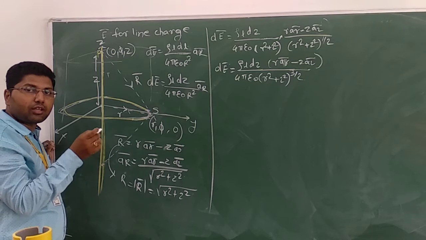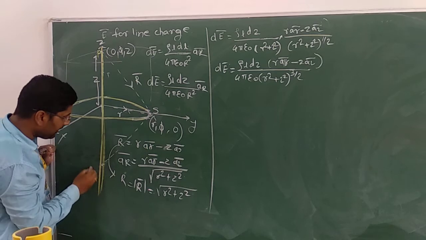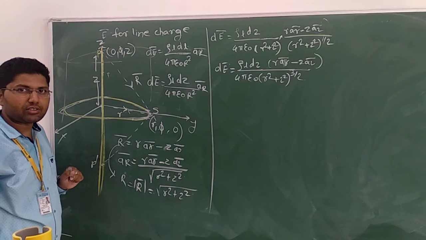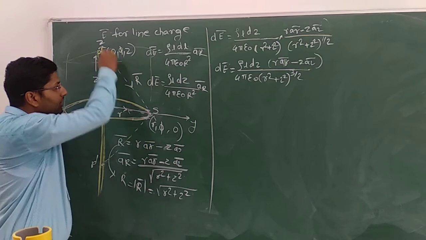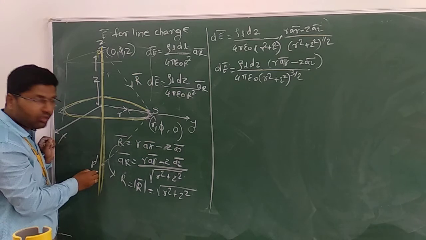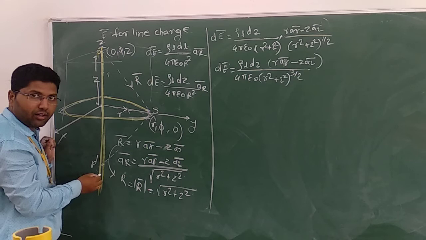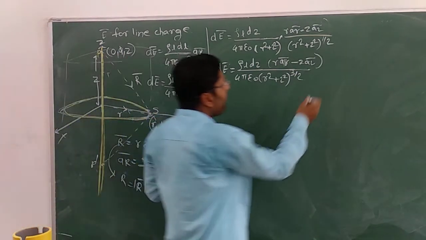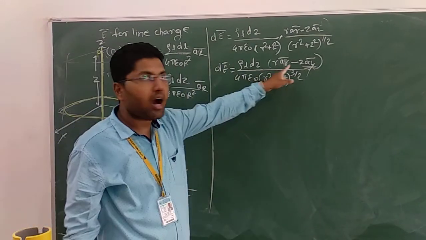Similarly, the electric field intensity also gets cancelled when we calculate it due to this P and, suppose I write, P dash. I am only talking about the Z direction, not the R direction. The electric field due to this point P will get cancelled by that due to P dash, because it will be equal and opposite in direction. So this aZ bar gets cancelled.